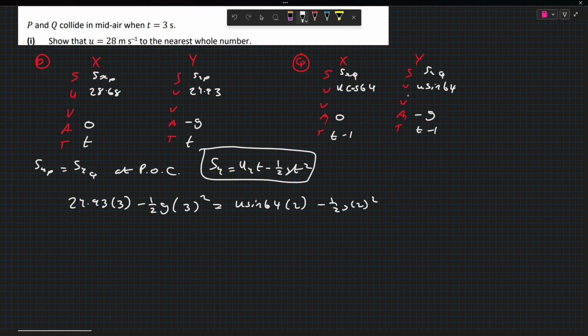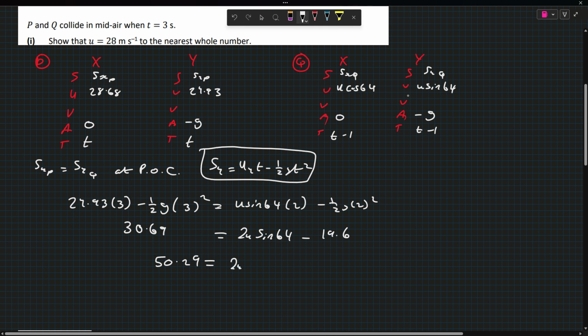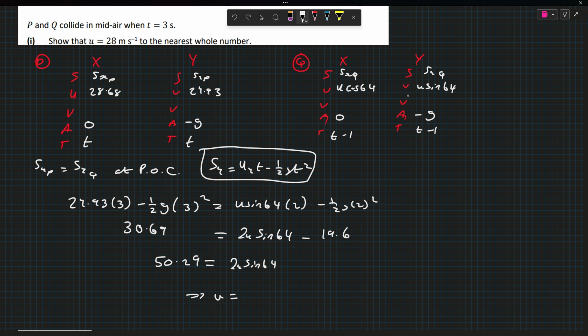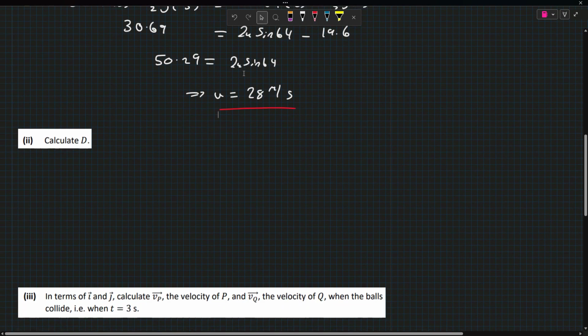So 24.93 times 3 minus a half times 9.8 times 3 squared is 30.69, which equals 2u sin 64 minus 19.6. So 50.29 is 2u sin 64. Dividing by 2 sin 64, we get u is 28 to the nearest whole number. So that's fine. We got that.